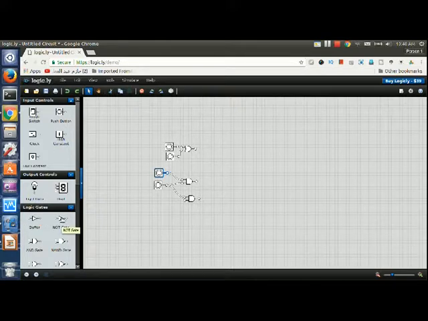This is a buffer. This is a NOT gate. And this is D not.